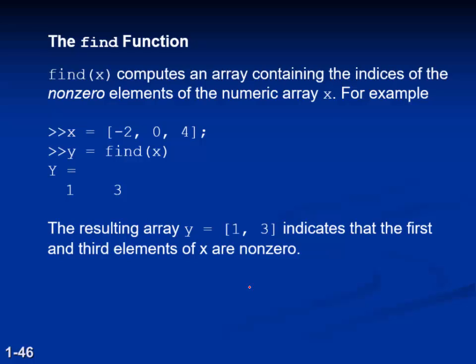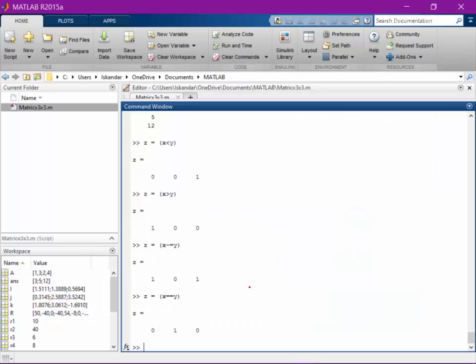For example, the first and the third elements are not zero, is what it's telling me right there. Again, what we're saying here is x is equal to, and I'm going to put more than 3. Let's just put like 5 or 6 right there. 5, 2, 3, 0, 1, 2, 0 right there.